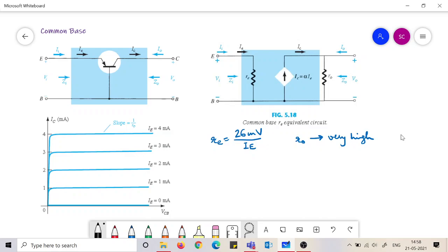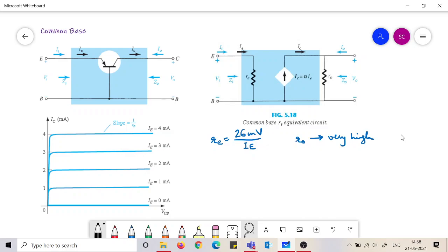In the output side, the current IC is getting delivered, which is alpha times IE. We know that the alpha times IE current is in this direction, and the resistance R0 has to be placed here, which is the resistance seen from this side.